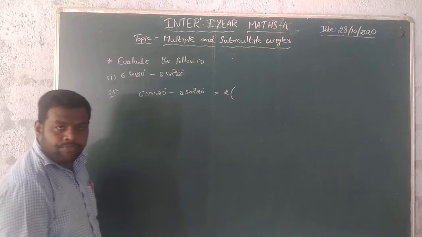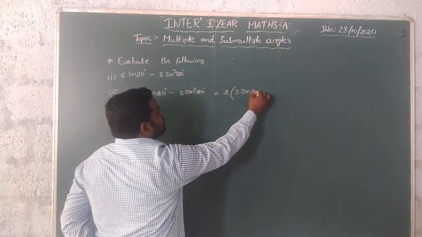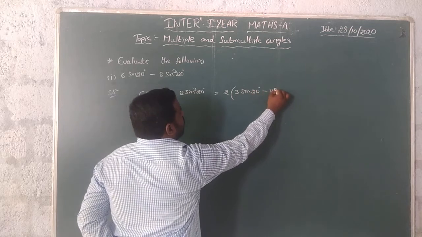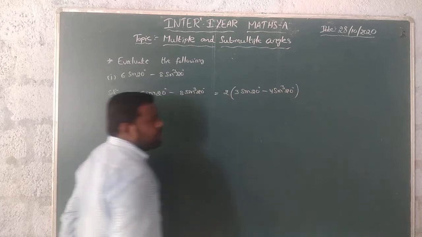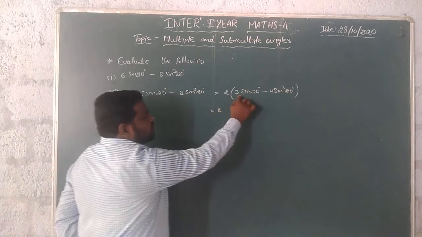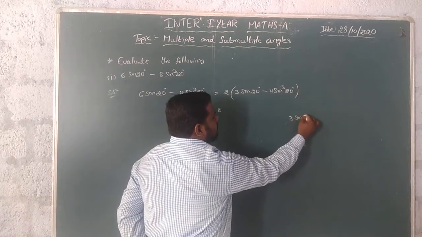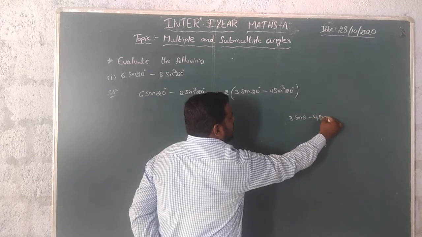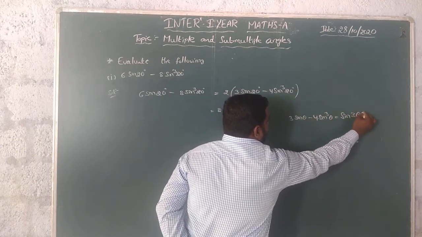2 of (3 sin 20 degrees minus 4 sin cube 20 degrees). That equals 2 times a term in the form 3 sin theta minus 4 sin cube theta, which can be written as sin 3 theta.